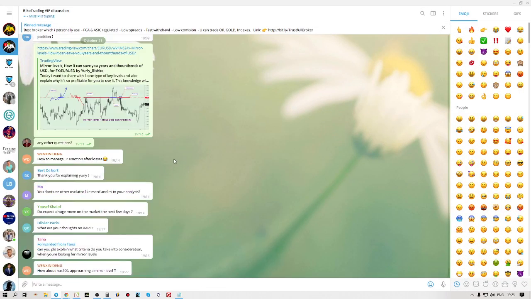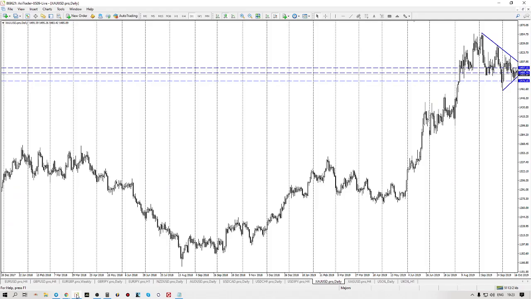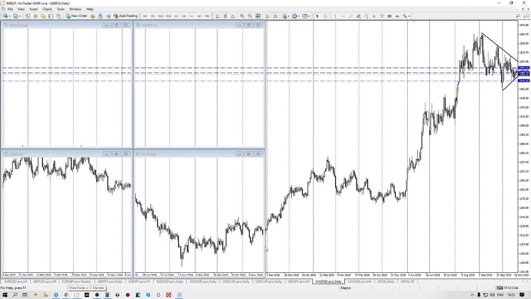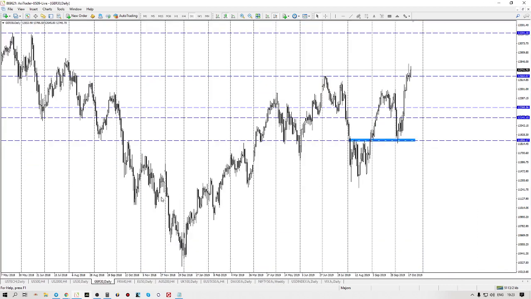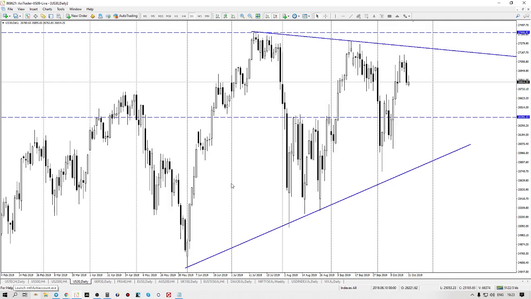Friends, also, okay. How about Nasdaq approaching a mirror level? Which one? Right place a price, which you mean? Nasdaq 100, because it also depends what time frame you are using. Nasdaq USCT.